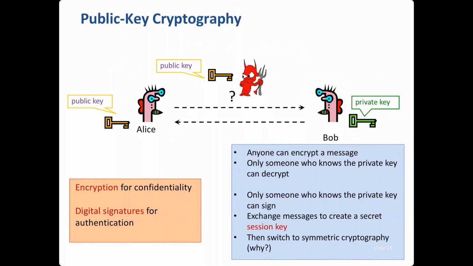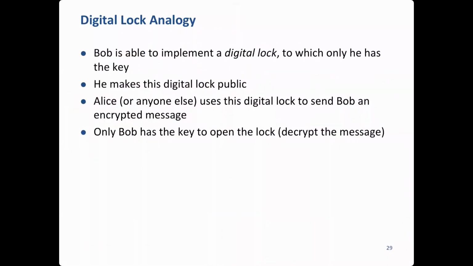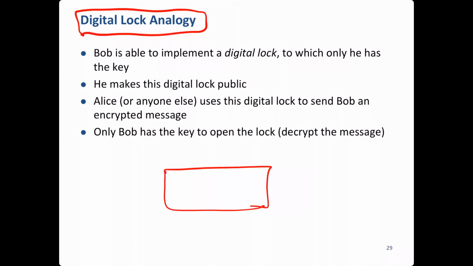All right. Okay, so please go through it. Now another analogy we can give for this method, which is public key encryption, is a digital lock. Many books give this analogy, so I thought I would give this analogy to you. Okay, suppose you have a box, like a trunk. Earlier we used to have two locks, right?